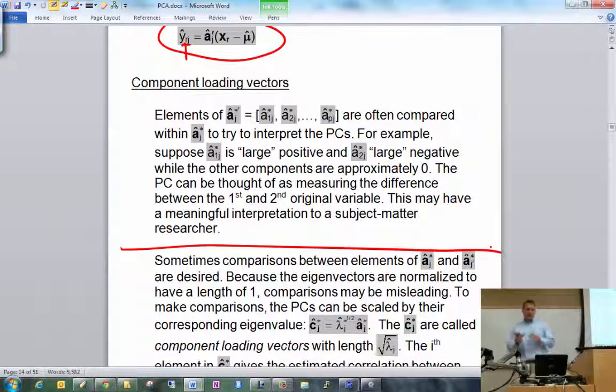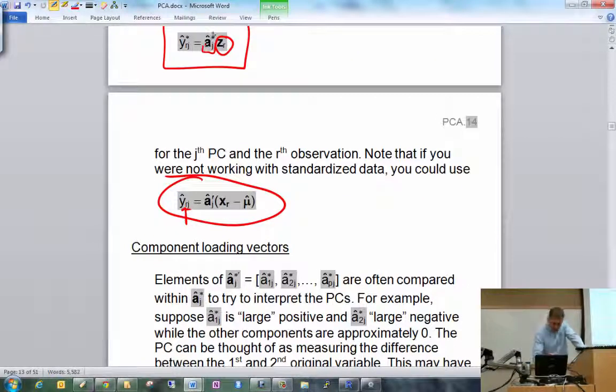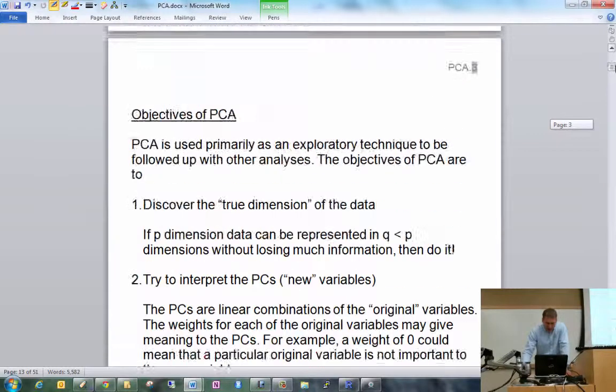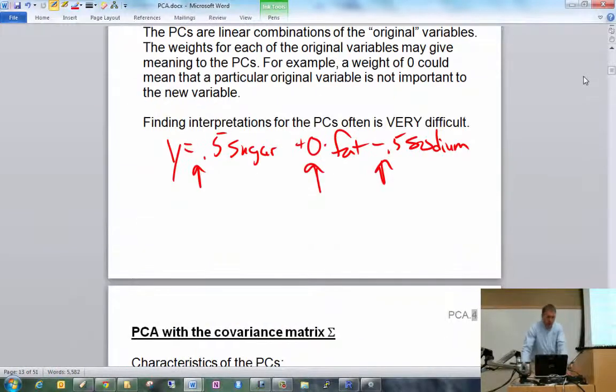Now, the elements, these coefficients on our variables, are going to be very important to us for the same reason as I discussed before. Sorry to keep going back in time here. But remember, when I showed you this part on page 3, we can think of this principal component as a linear combination, essentially a contrast between sugar and sodium, where fat plays no role.